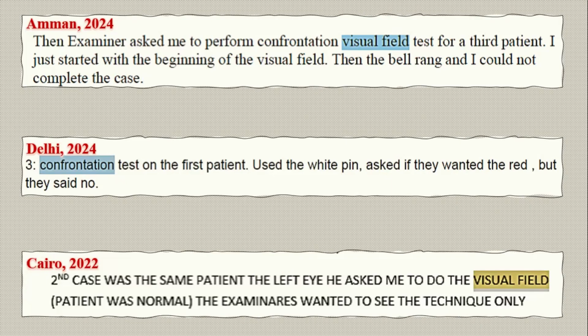The patient was normal, so the examiners wanted to see the techniques only. So don't be surprised if there are no findings, no abnormalities. Sometimes the examiner wants to make sure that you do it properly. So that's one important good reason to study the test or to do the test properly.